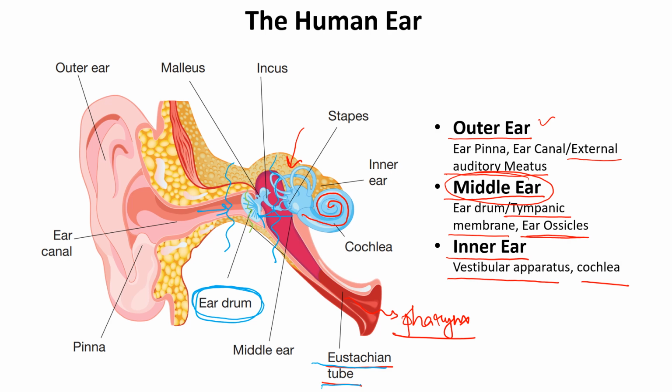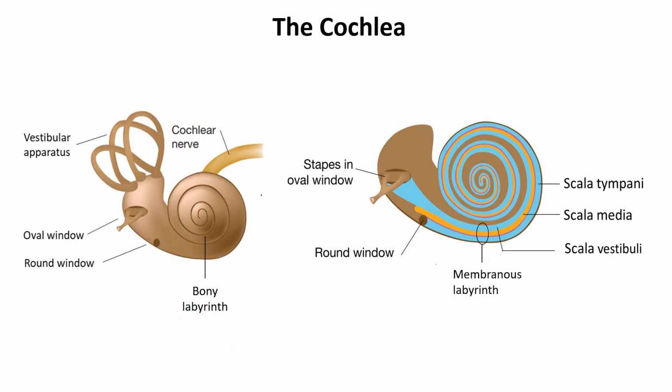Now let us see into further details of the inner ear. So the vestibular apparatus of the inner ear constitutes of three semicircular canals that are at right angles to each other.